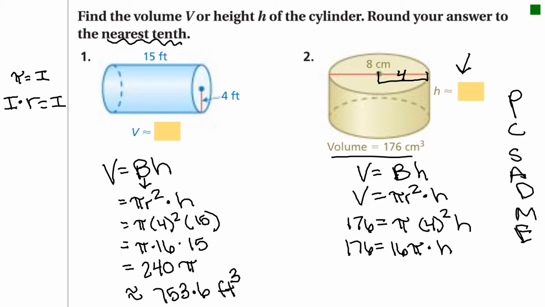Don't want to make 16 times pi an irrational number yet because it's going to be crazy. All right, so how do we undo this multiplication of times 16 pi? We divide by 16 pi.